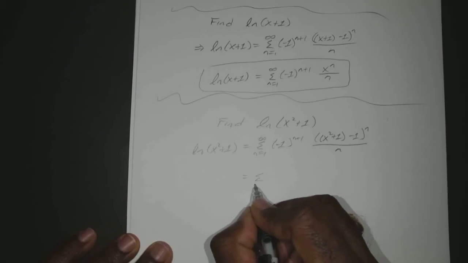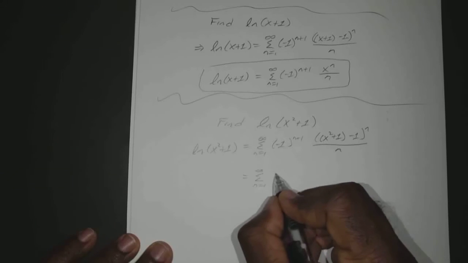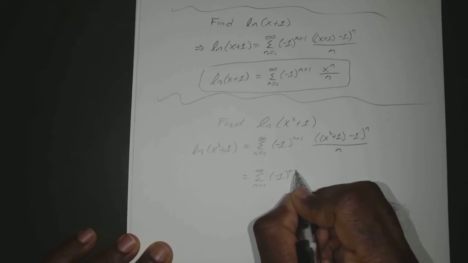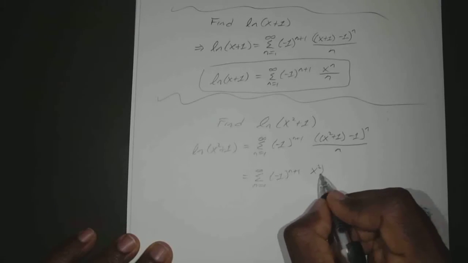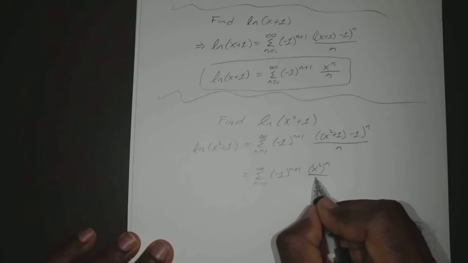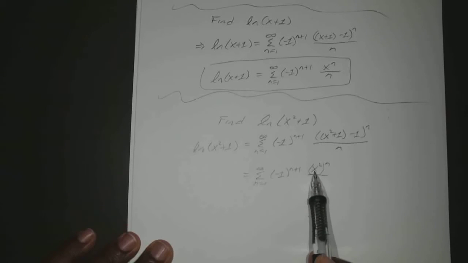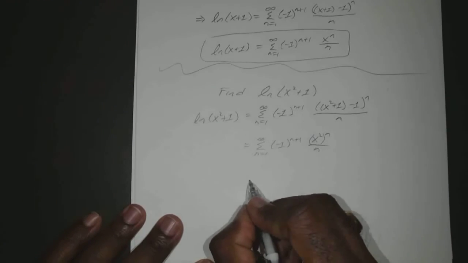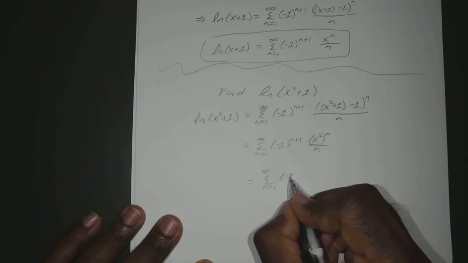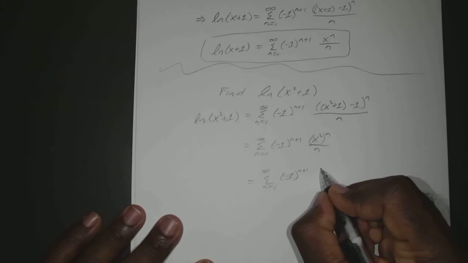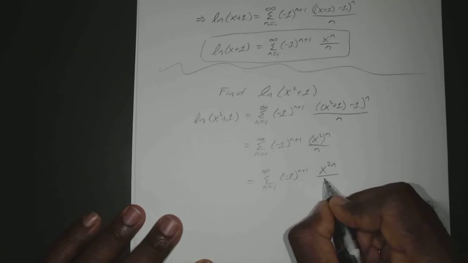So that's equal to the sum from n equals 1 to infinity of -1 to the n plus 1 of x squared to the nth power over n. Or you can just make that x to the 2n power: -1 to the n plus 1 times x to the 2n over n.